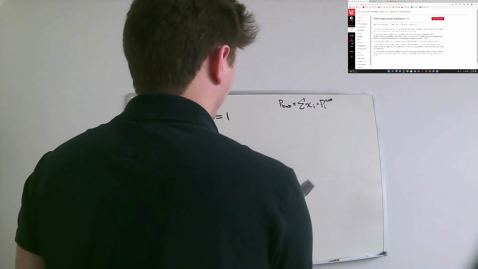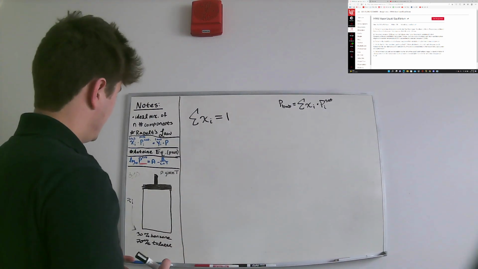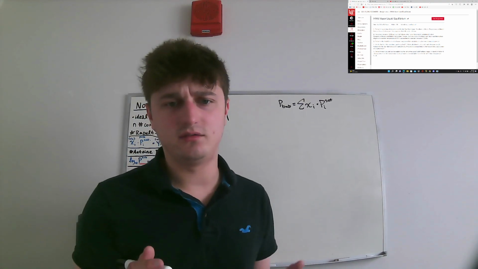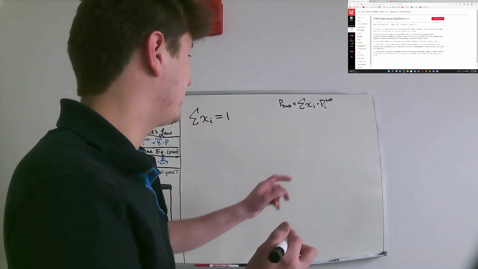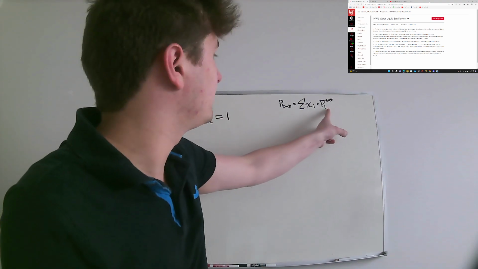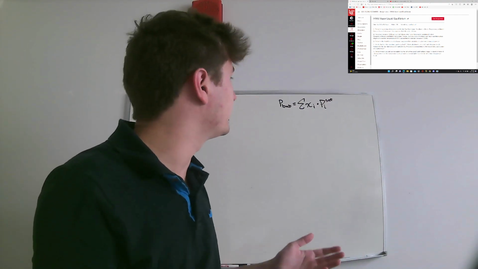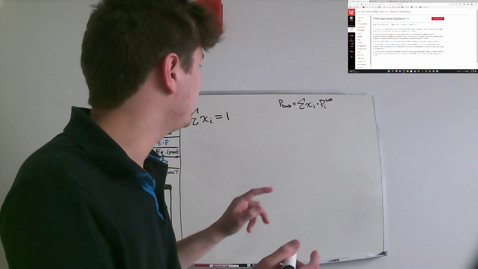Since this is a dew pressure calculation, and we know the temperature, this is perfect for us because the saturation pressures can be figured out. But this summation right here is equal to 1.